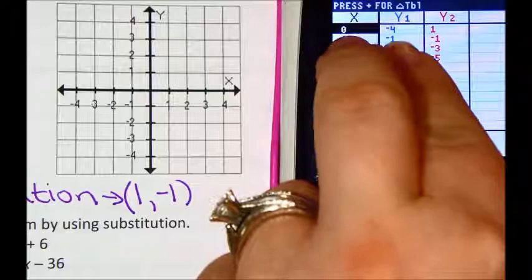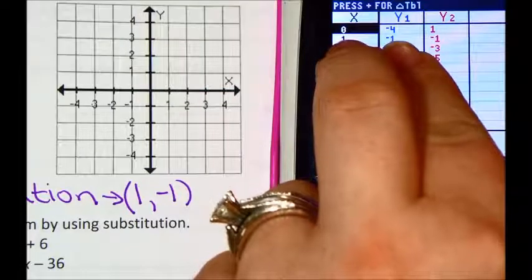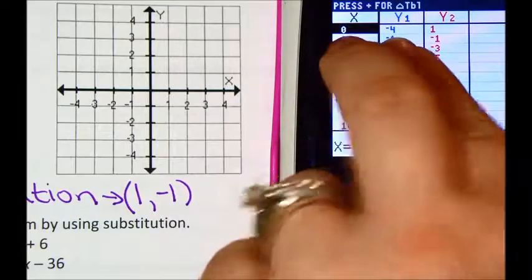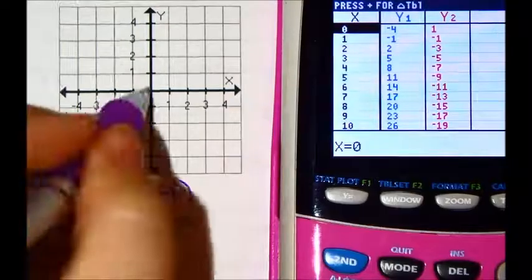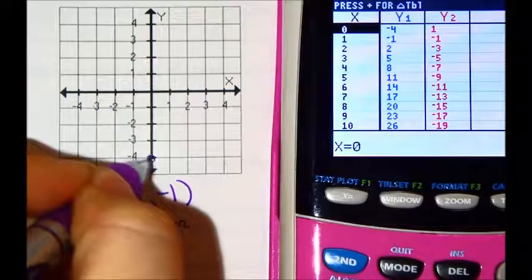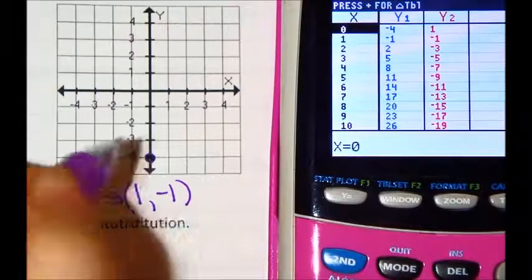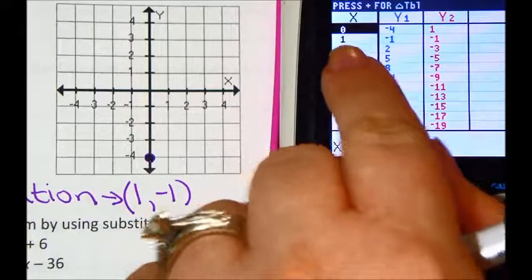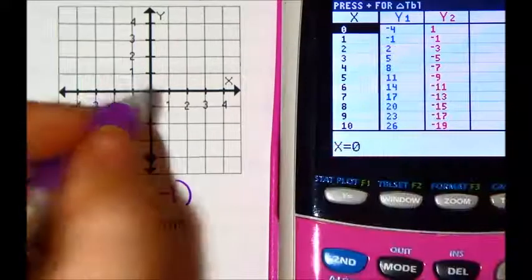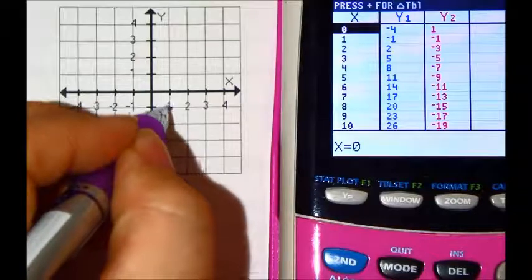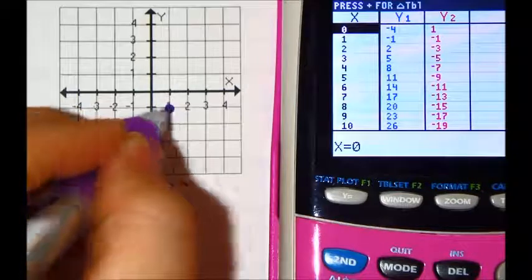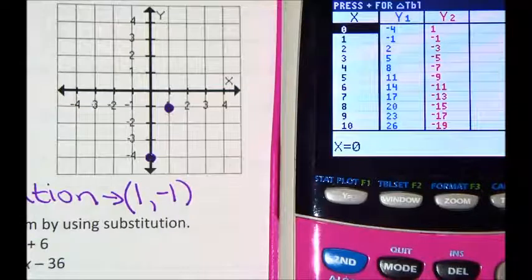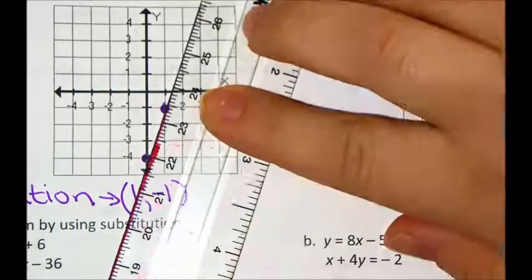So each of these is a set of points lying on that line, 0, -4. One, -1. Then you can draw a line through 2 points.